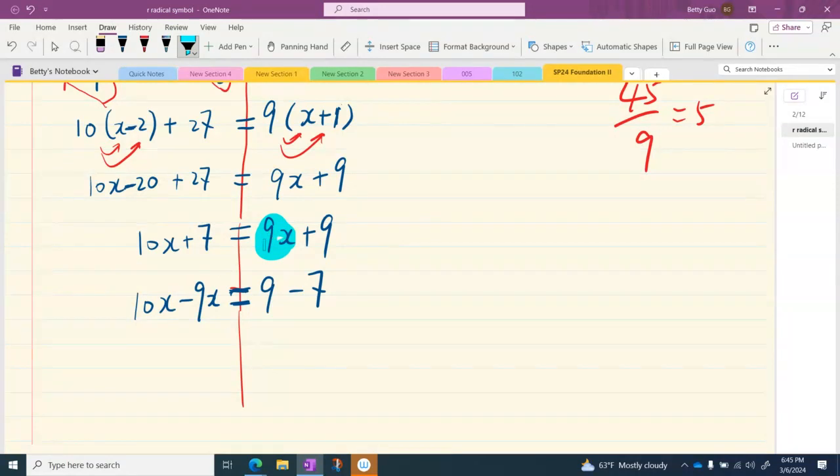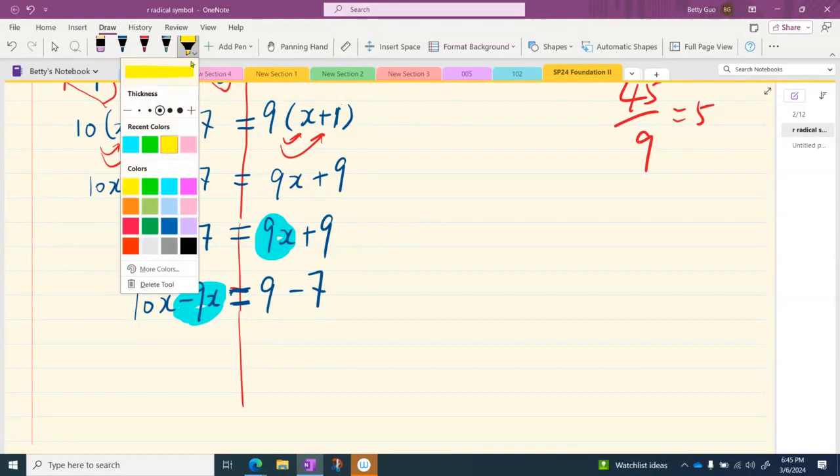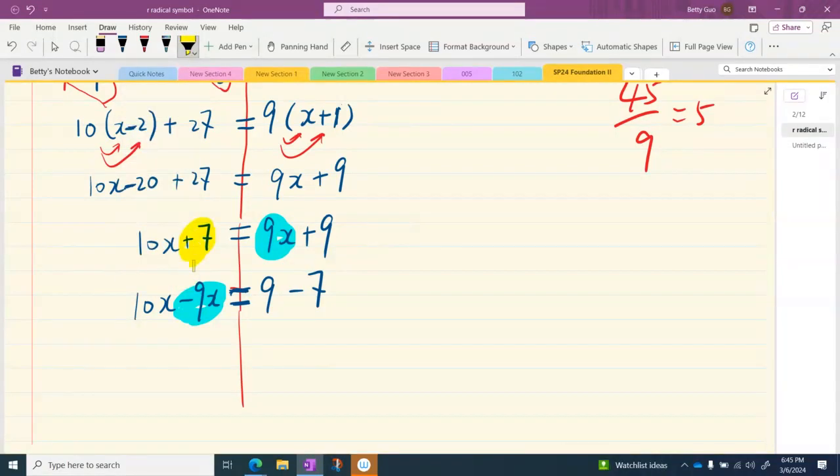What happened is the blue term changed the side and the sign, and the yellow term changed the side, also the sign. The blue is moved from the right side to the left side, positive becomes negative. The yellow is moved from the left to the right, positive becomes negative.